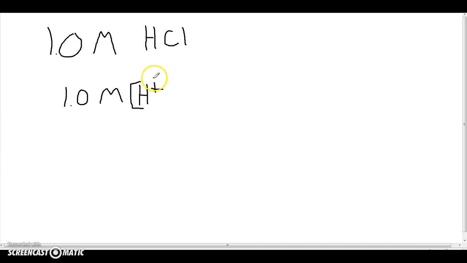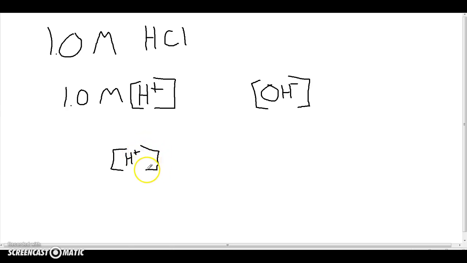These brackets here mean concentration. I can't remember off the top of my head right now whether we've said that before or not. But what about the hydroxide? What about the hydroxide ion concentration? What is that going to be? Well, what's the relationship between the hydrogen concentration and the hydroxide concentration?